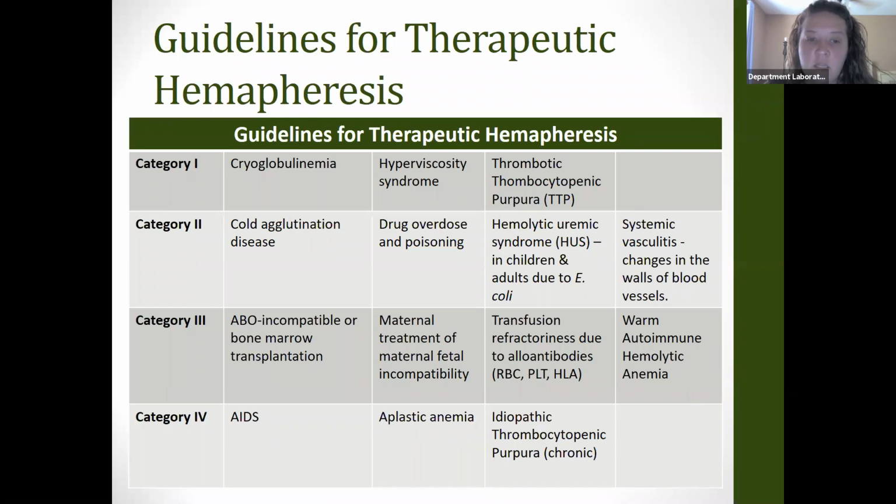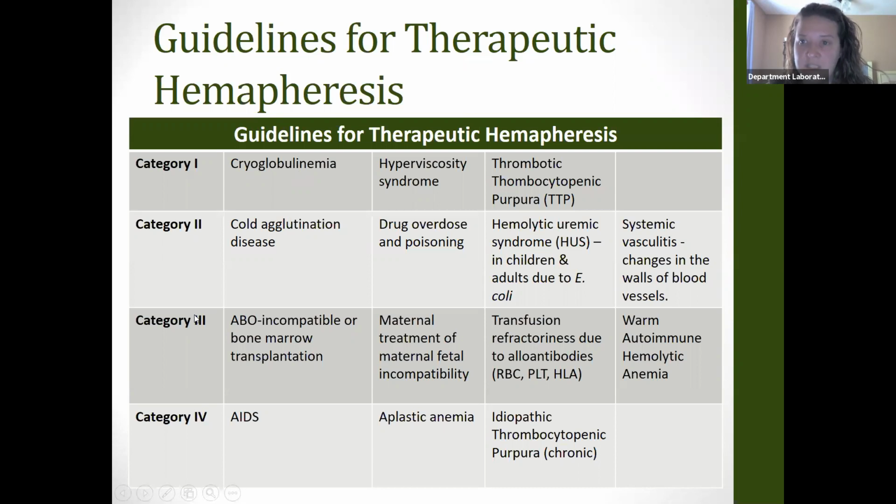And so the next couple slides just demonstrate some therapeutic cytopheresis and how it's used to treat cryoglobulinemia, such as Waldenstrom's, which causes hyperviscosity, TTP, these are all ones that I've already mentioned, cold agglutinin disease, drug overdose or poisoning.